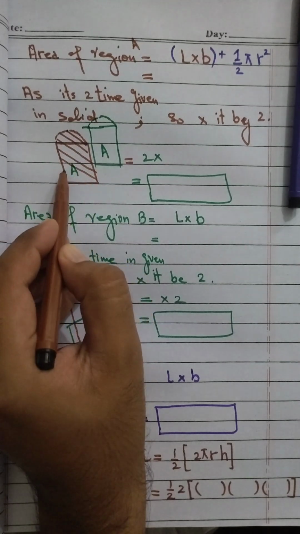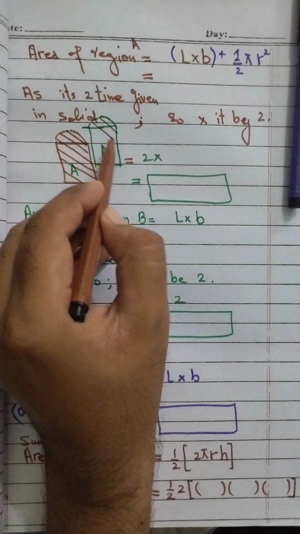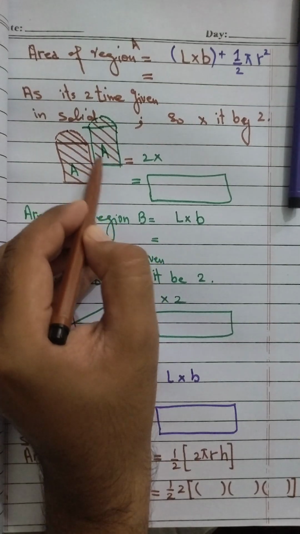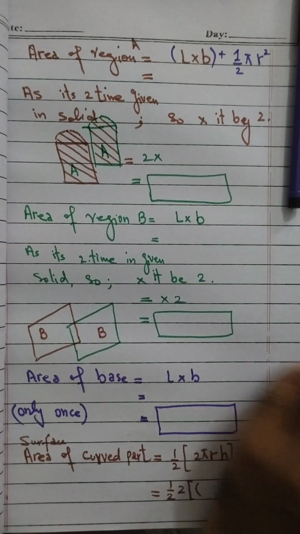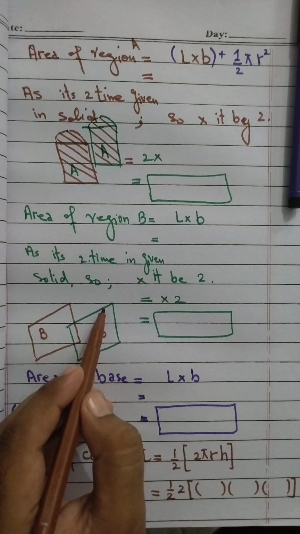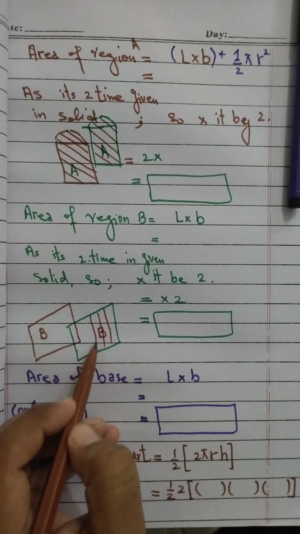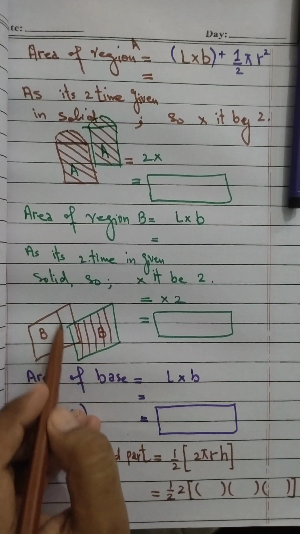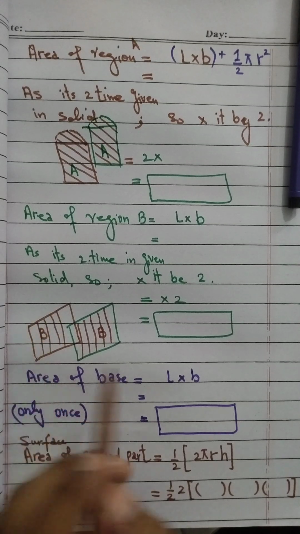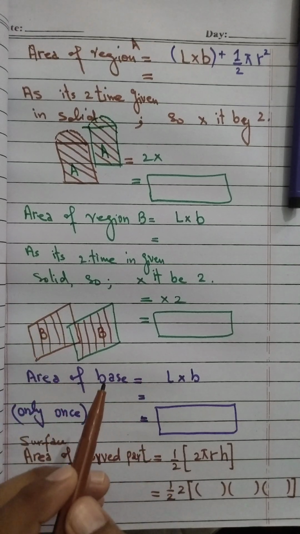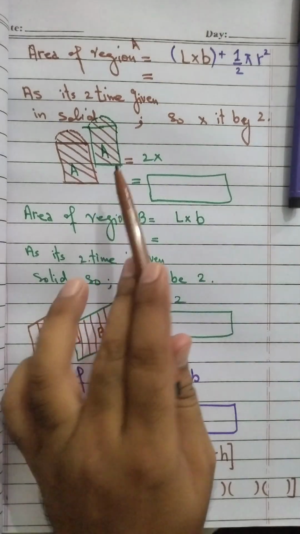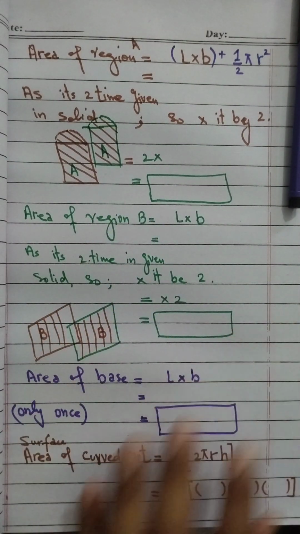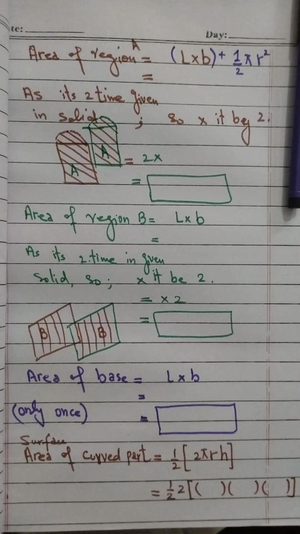So this is our A. It is similar on the back side of that solid, so we consider it 2 times. In the next part we have this B region and then another B region. Clear? So till here we have to find the total area of these two regions, then we'll move forward.